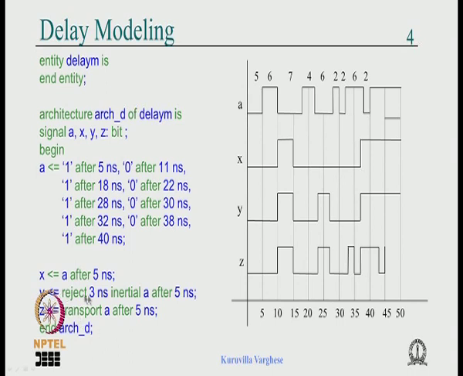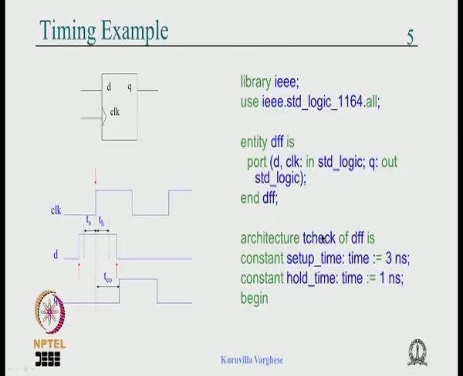Next is reject 3 nanoseconds inertial A after 5 nanoseconds, wherein it is exactly the same, but everything below 3 is rejected. And this is a transport delay with a 5 nanosecond delay, so you get Z as a delayed version of A. That is what is shown here.